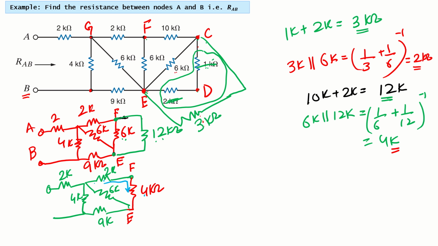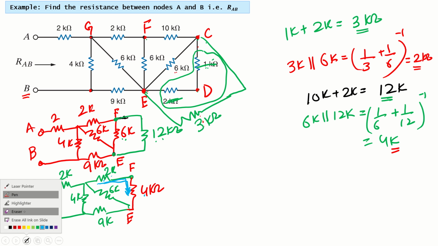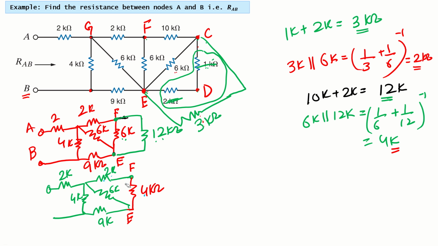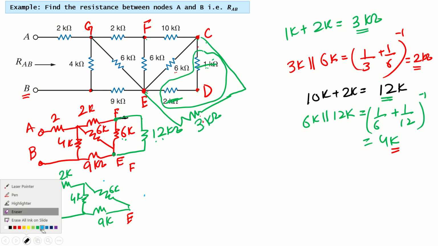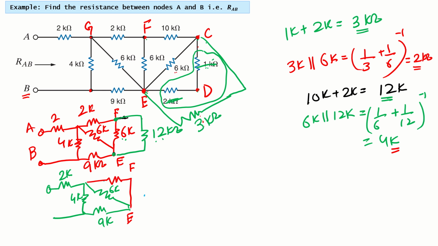If an imaginary current I is coming, that same current will be flowing here. So 2K and 4K are in series, and they become 6K. So I can replace these two resistors with one resistor connected at the same point, and this value is 6K.